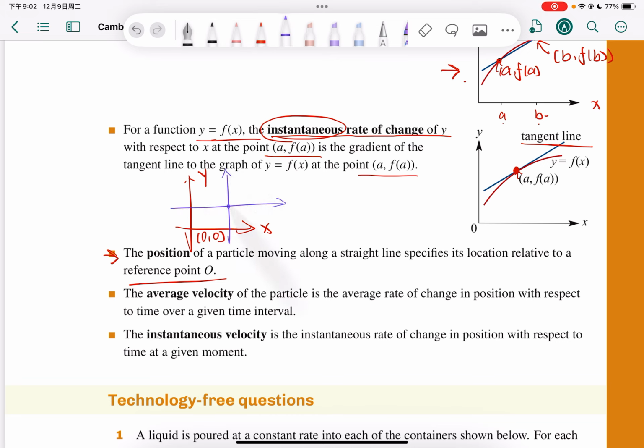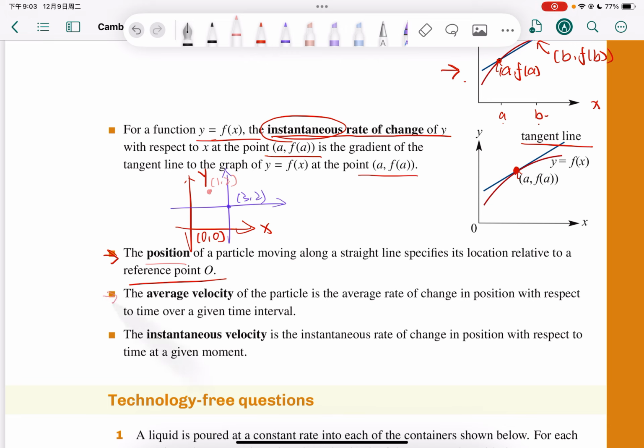If you take, for example, (3, 2) to be a reference point, then for a point, the pinpoint, let's say (1, 2), in different coordinates, the red and the purple one, you can have different representations of the pinpoint. So the position actually depends on the coordinate or the reference point you take.